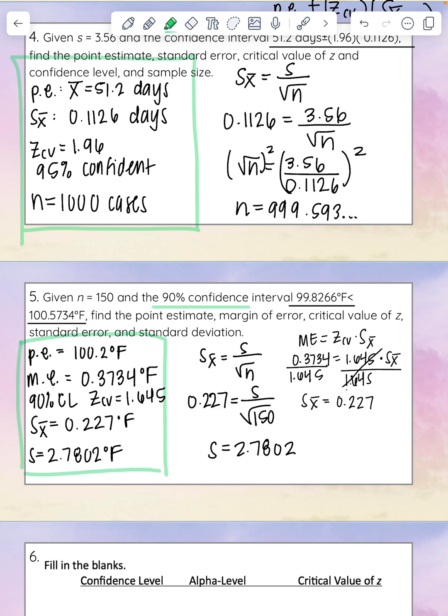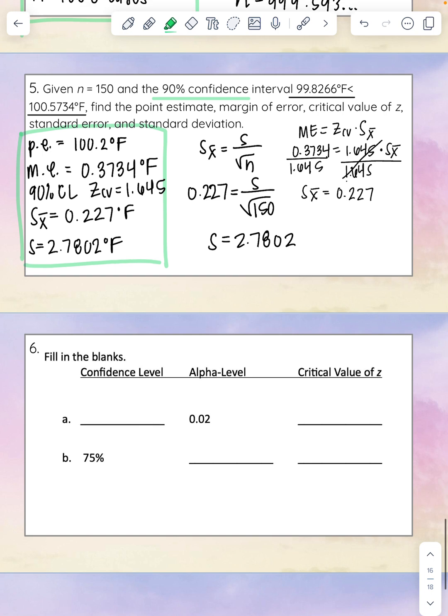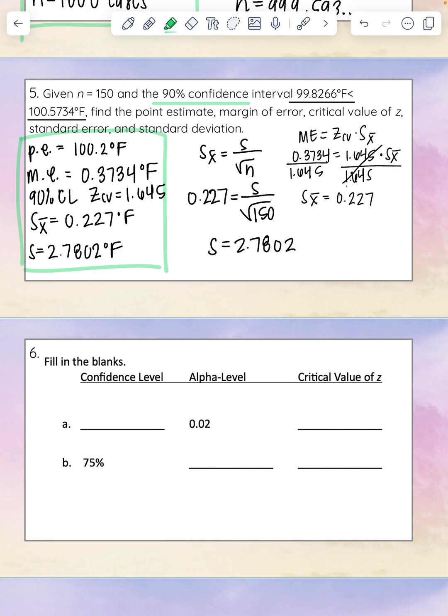Okay, last thing we're going to do here. For this, you're going to need your normal distribution table, your z-score table. Let me get one out.